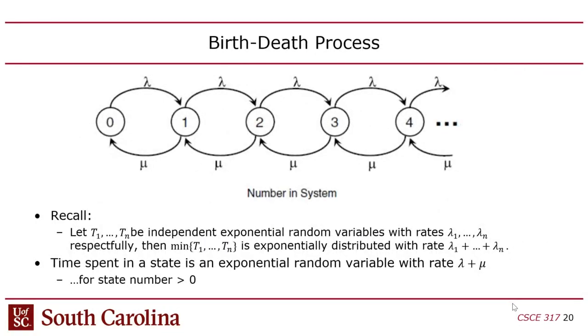Then we talked about the birth-death process, which is a Markov chain, and it's basically states. You can only be in one state at one time, and each state represents the number of customers in the system. Again, that includes the queue and the servers.